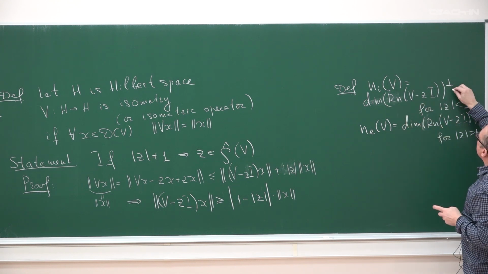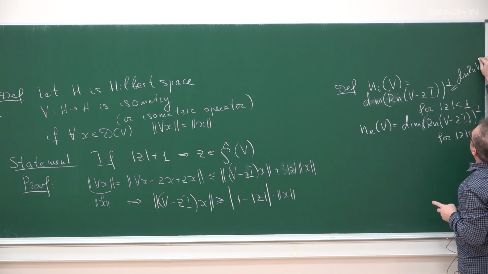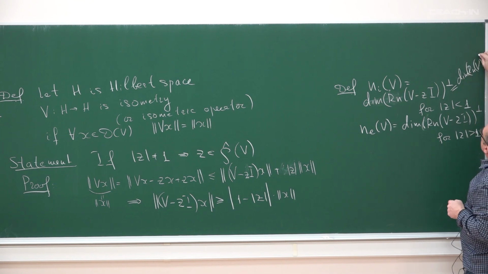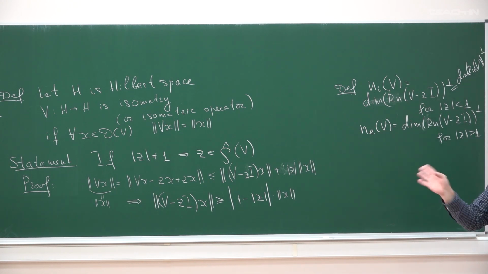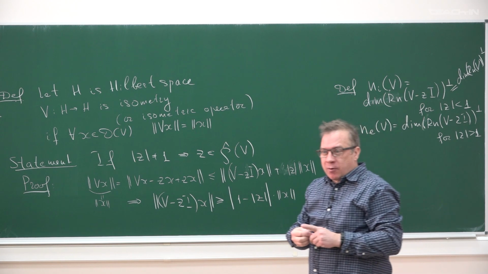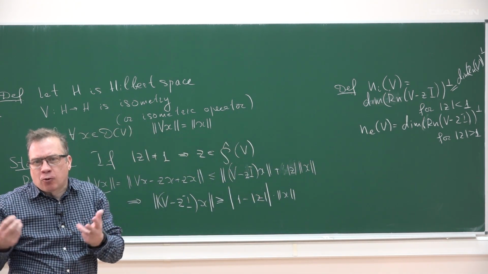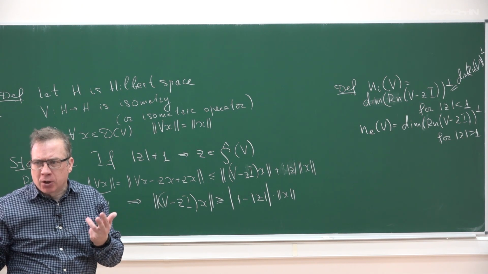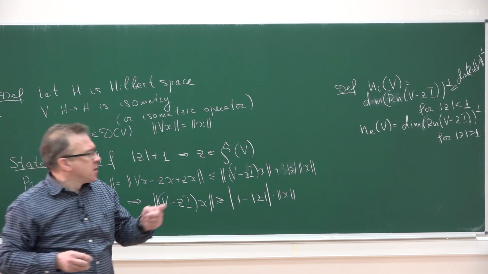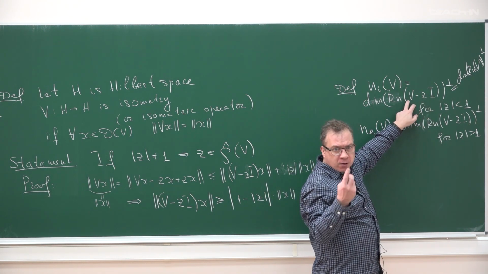So you can see that this is the orthogonal complement. You can take any z, for example z equal to 0. For two reasons, I can repeat: this operator zI is strongly subordinated to V, that is the first argument.